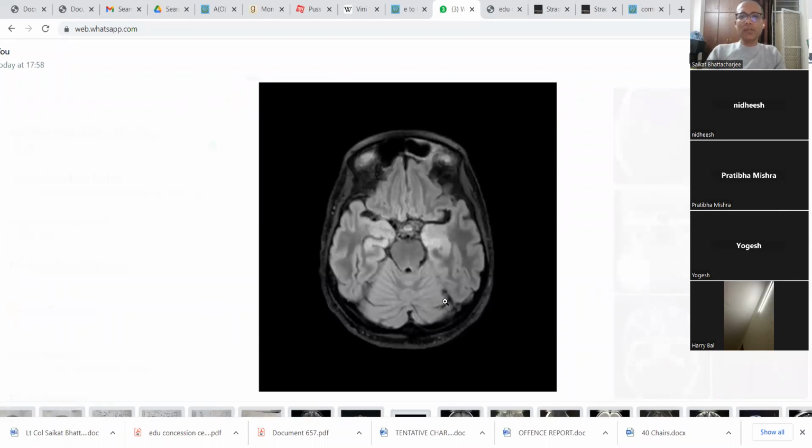Yogesh, spot the abnormality and I'll give you the clinical clue once you have been able to pick up the abnormality. So, medial temporal sclerosis. Medial temporal sclerosis.